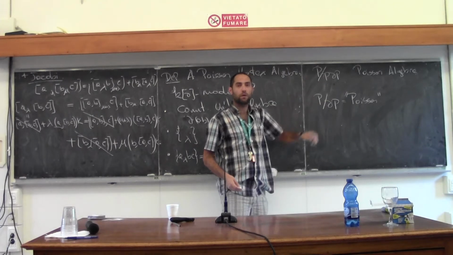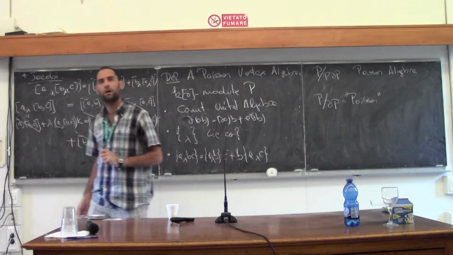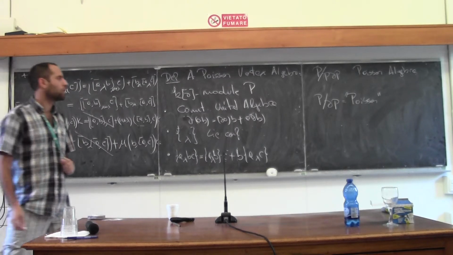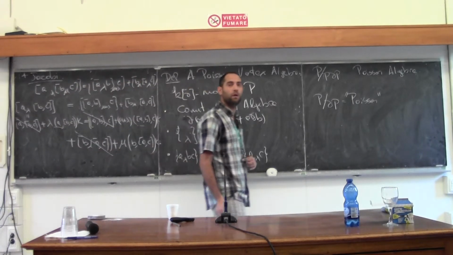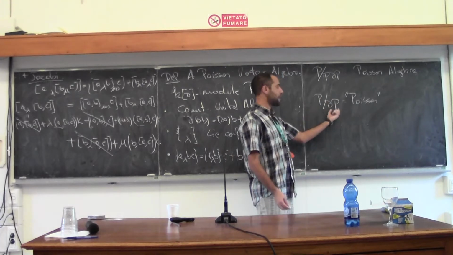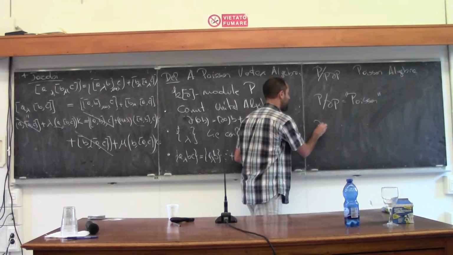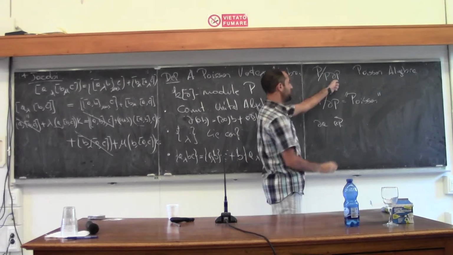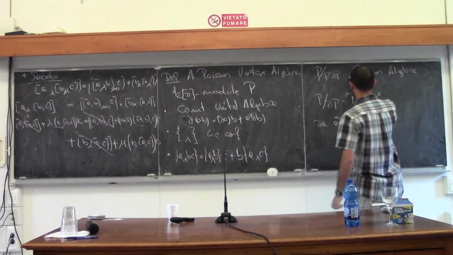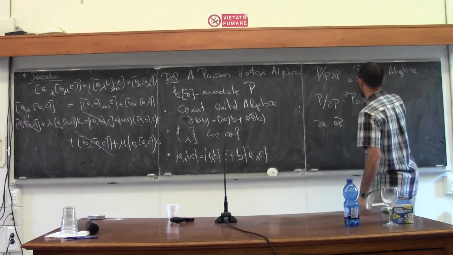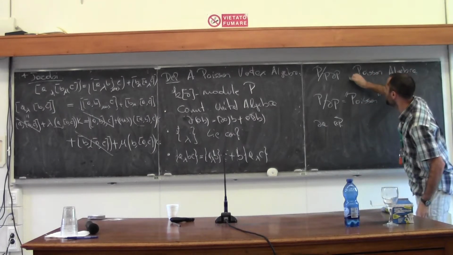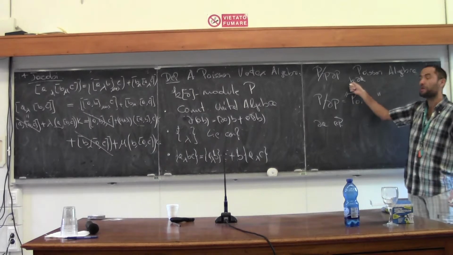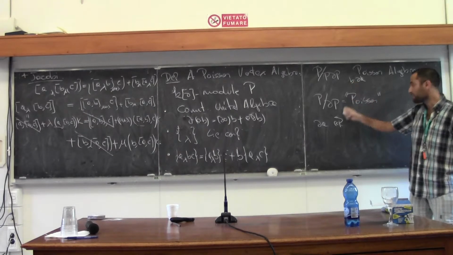What is killed in which case? Can you state explicitly what is killed in each of these cases? What is hit? What is killed? In this case, I am killing everything that is of the form del of A, where A is in P. And in this case, I'm killing everything that is of the form B times del of A, where B and A live in P. In particular, if I put B equal to 1, I am killing all of this.